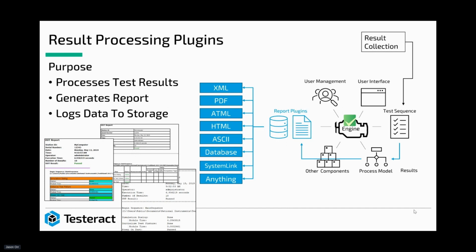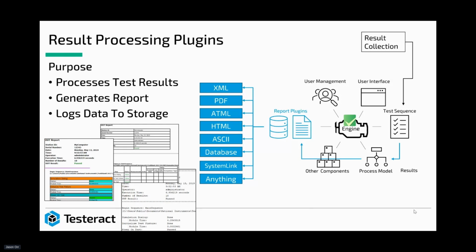The purpose of result processing plugins in TestStand is this: TestStand is primarily used to sequence through the tests that you have. But one of its other main purposes is to collect those results, process them, and then put them into reports or databases or other places where you want your data stored.